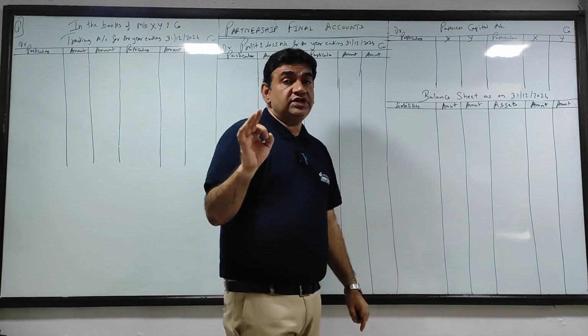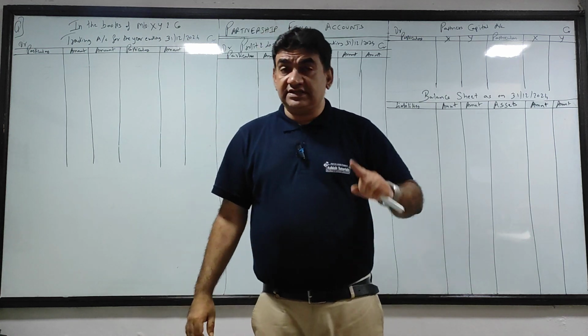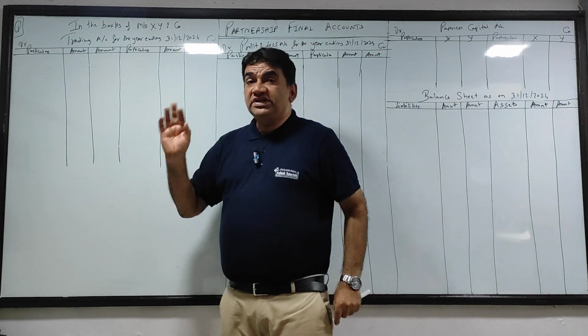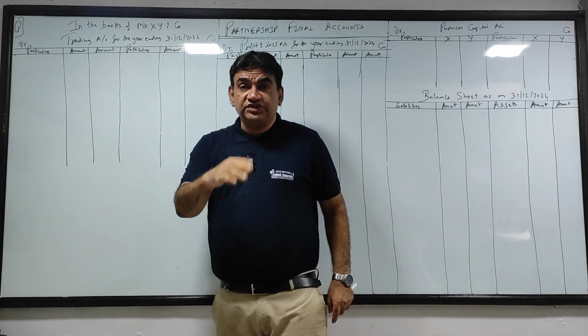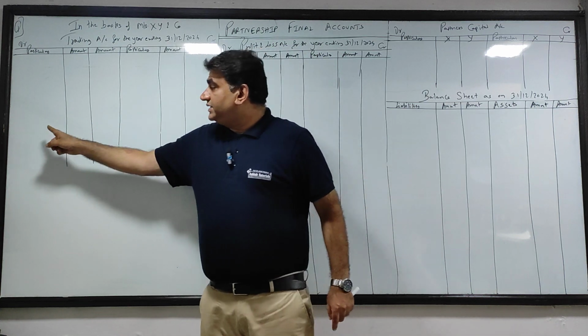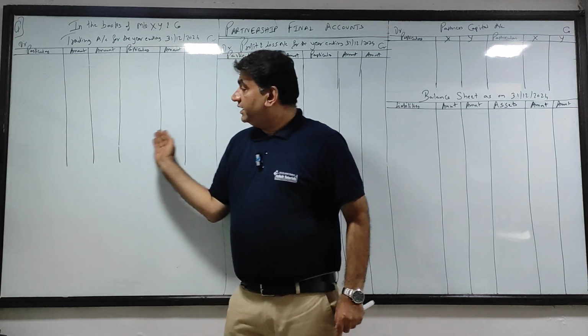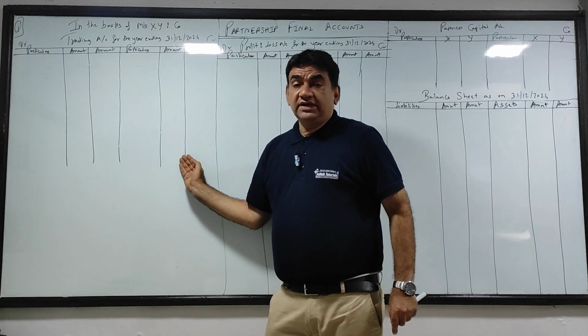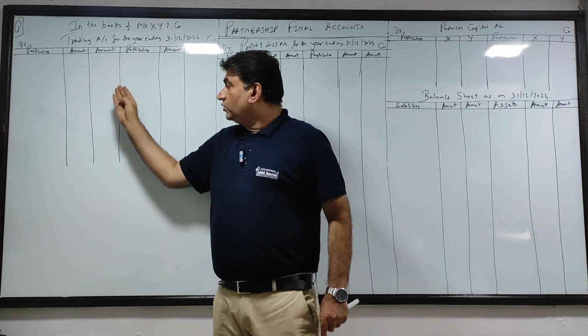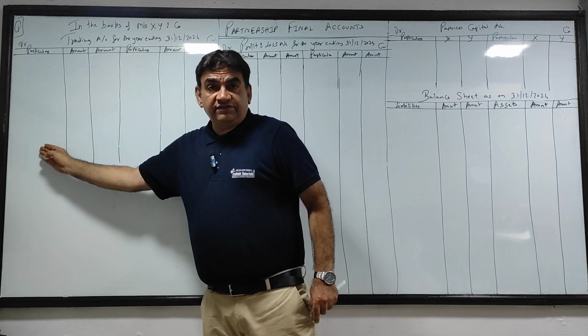Very important for objective. When I discuss objective I will discuss again, but I'm mentioning it now: students still have that misconception. When you get profit, does the balance come on the debit side? When you balance the ledger account, the credit side total is more, this side total is less, so you get a difference here.